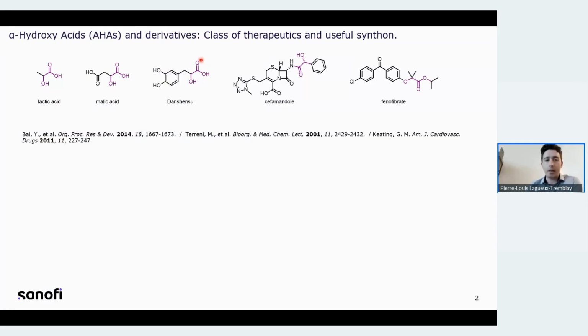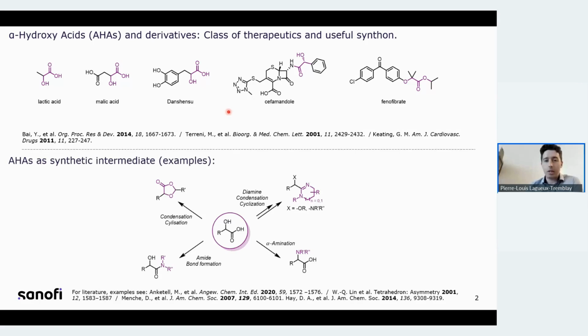So we can find them in a very large amount of molecules. Another reason why we want to access those moieties is they're very useful as synthetic intermediates. They can be used in a very large amount of transformations, such as, for example, cyclization, formation of heterocycles, or simple endpoint transformations, such as amide bond formation and alpha amination, for example.